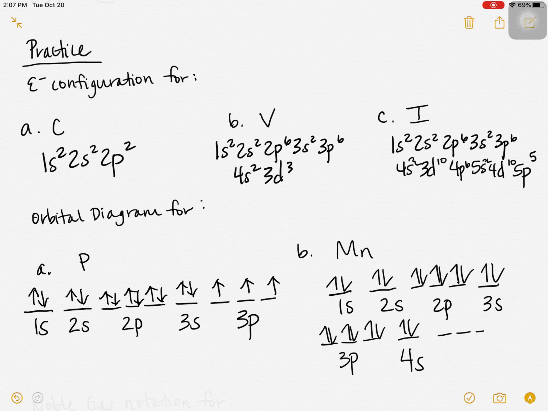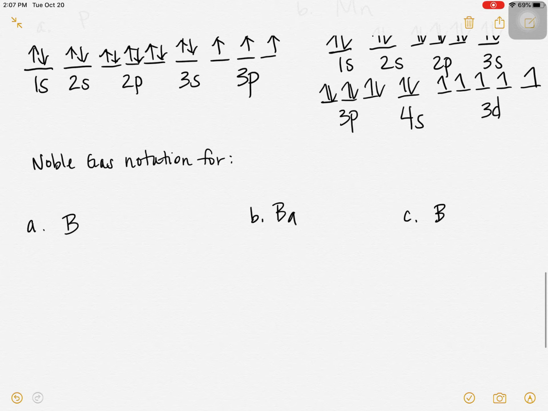And 3d is going to be drawn with 5, because remember there are 5 orientations, and we're counting over 1, 2, 3, 4, and 5. So everybody has an electron. And there you go. That is manganese's orbital notation.